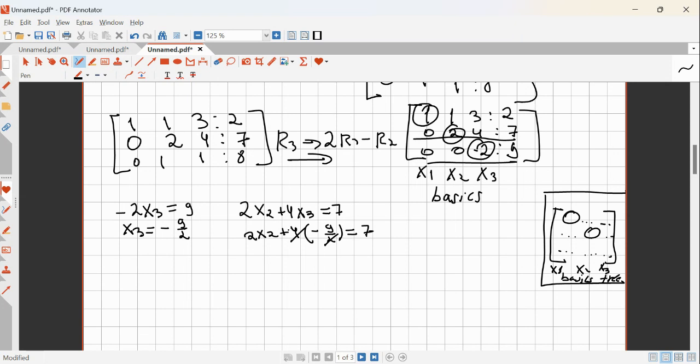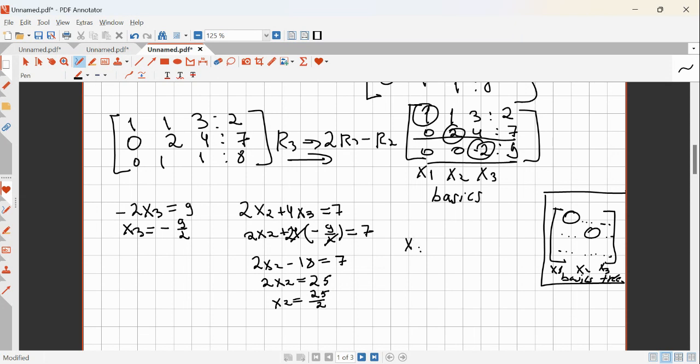It's going to be divided by 2. So it's going to be 2x2 minus 18 equals 7. 2x2 equals 25, and x2 is 25 over 2.